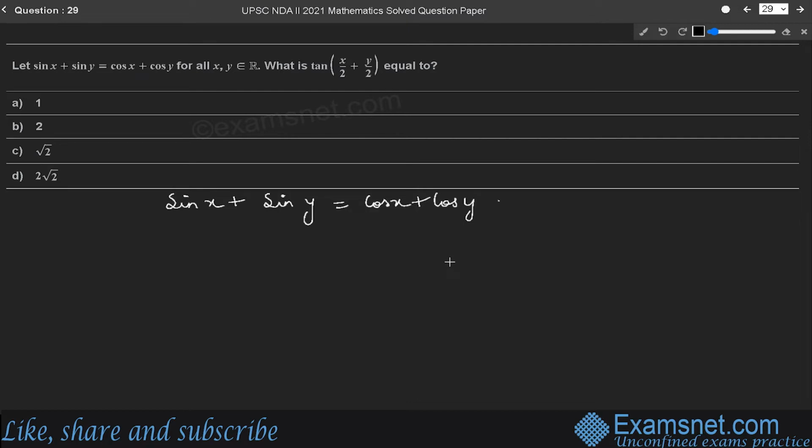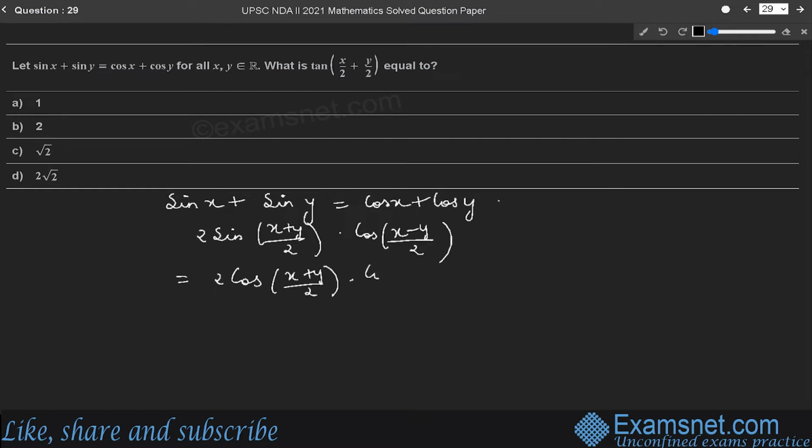So it can be written in the form 2 sin((x+y)/2) cos((x−y)/2) = 2 cos((x+y)/2) cos((x−y)/2).